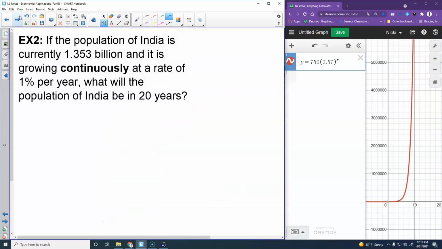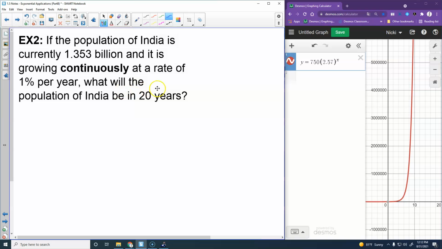So, let's go on to the next problem. These were actual numbers a couple years ago, I believe, whenever I took this. I should probably cite my sources, but I'll be honest, I just Googled it, but I think it's probably pretty accurate. So, at least a couple years ago, the population of India was 1.353 billion people, and it was growing continuously at a rate of about 1% per year.